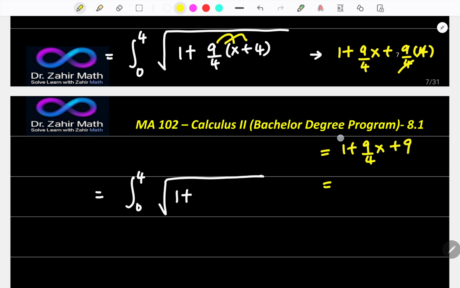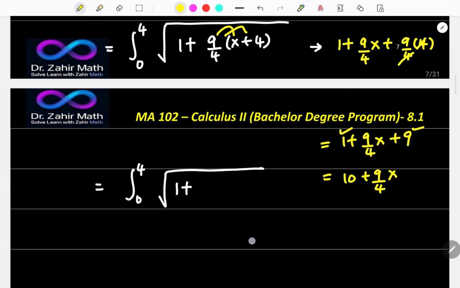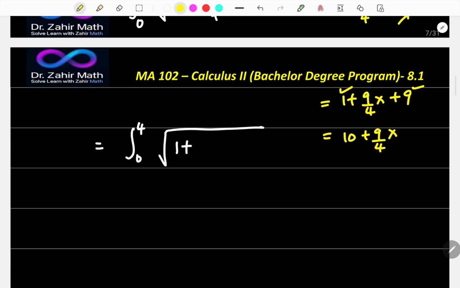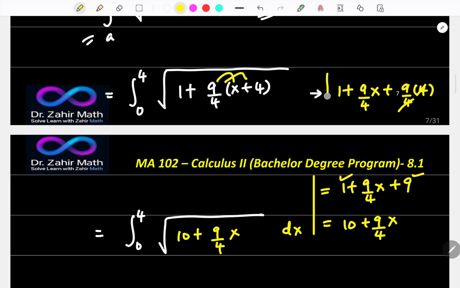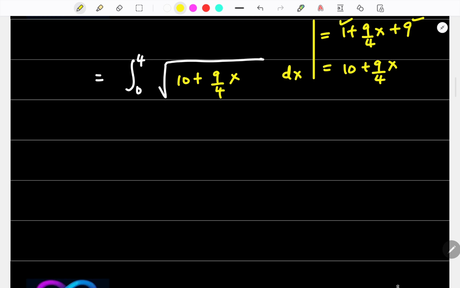So 1 plus 9 is equal to 10. 10 plus 9/4 x. So all these things simplified and I'm getting the answer, which is the square root of (10 + 9/4 x) times dx. Okay, everybody? Right. So now we got this answer and then we are going for integration.